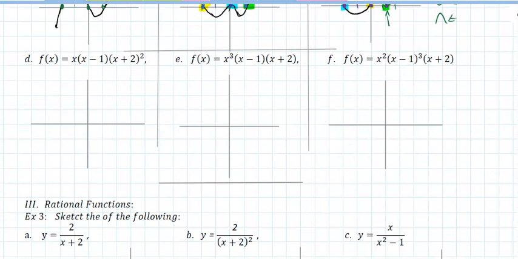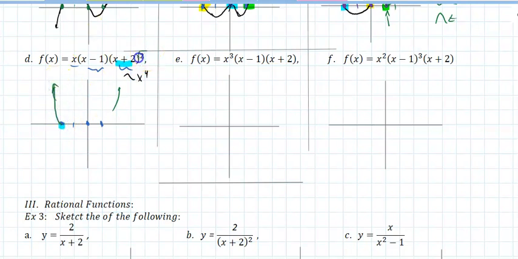If I look at this problem, this behaves like x to the fourth as well. Kind of getting old, right? A 0 right there. This is 0 at 1, and this is 0 at negative 2. Now, this looks something like that, left to right. So this comes down and touches.